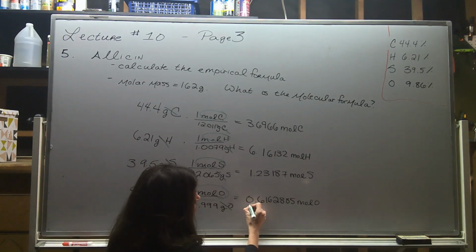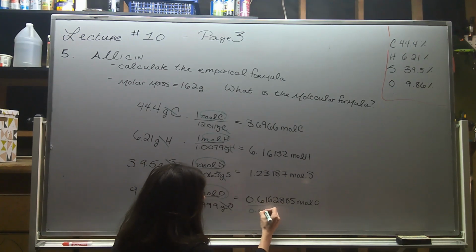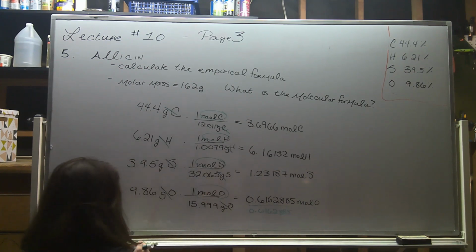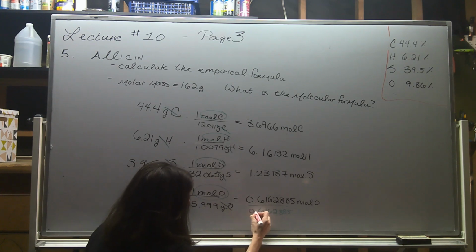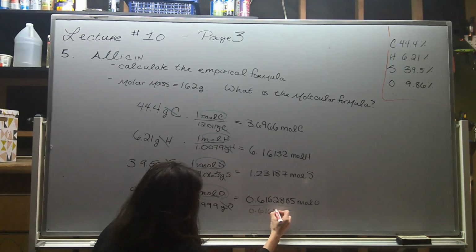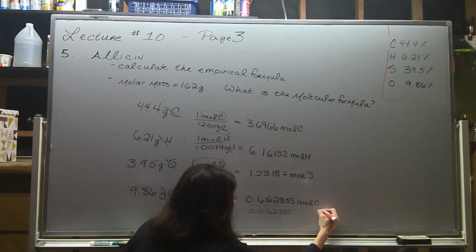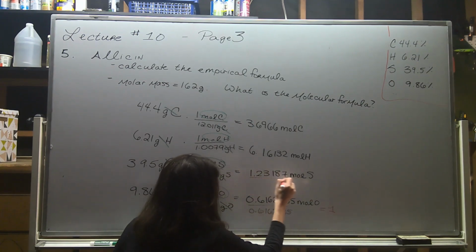So I'm going to divide everybody by 0.6162885. Anything divided by itself is going to give me 1.